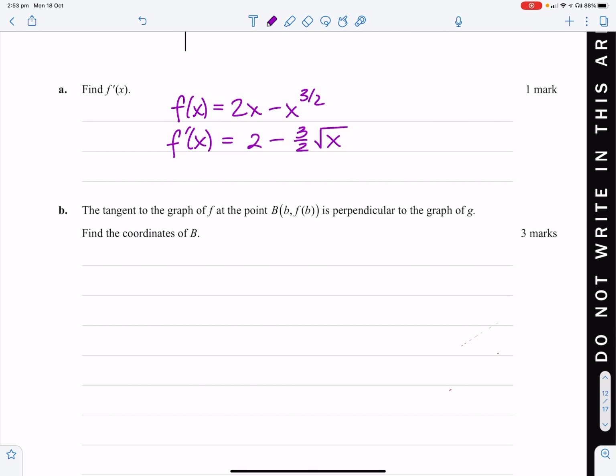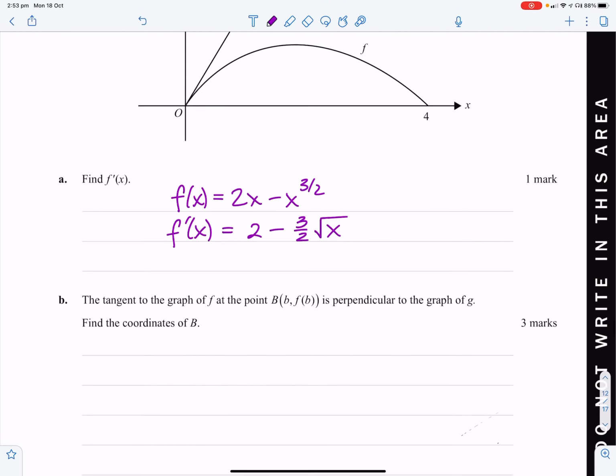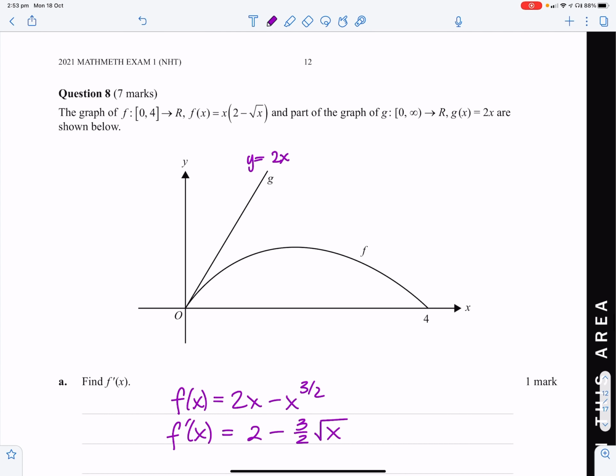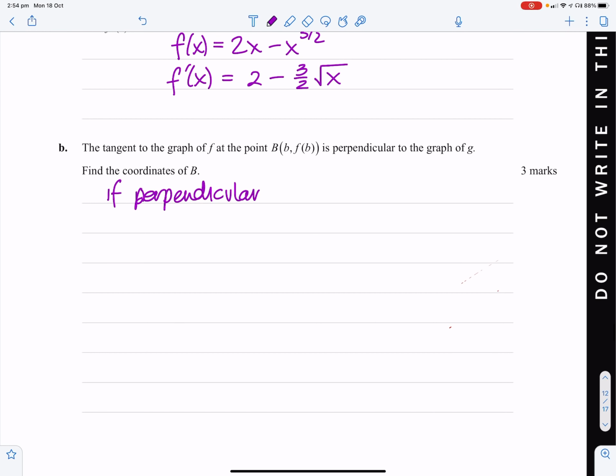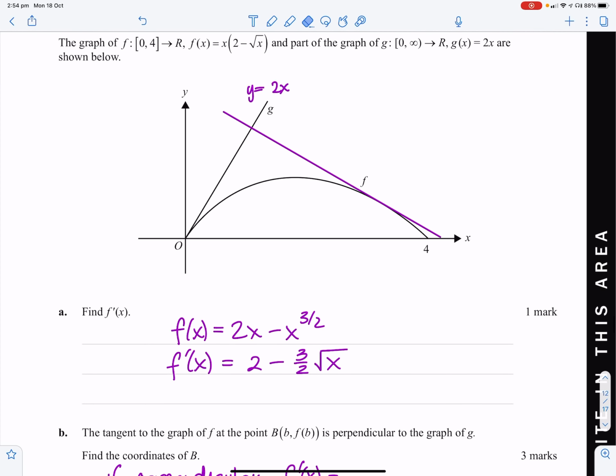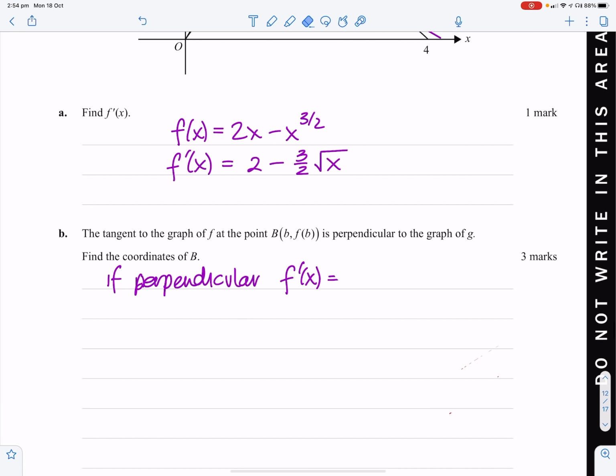The tangent of the graph at the point B is perpendicular to the graph of g. Find the coordinates of B. So if it's perpendicular, we know that the two gradients, f dash of x will equal, if that's got a gradient of 2, the perpendicular gradient is negative a half.